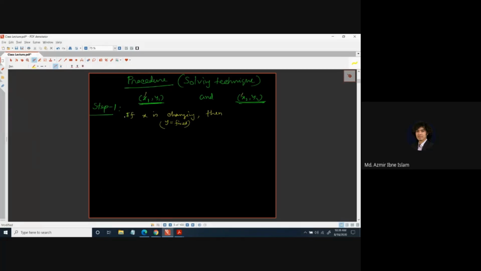This is the meaning: if x is changing but y is fixed, at that time x will be the limit. Similarly, if y is changing and x is fixed, then y will be the limit.